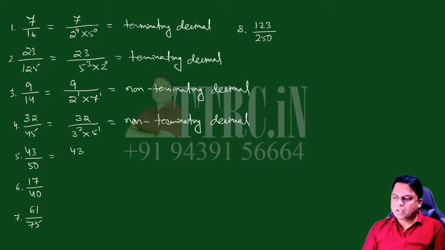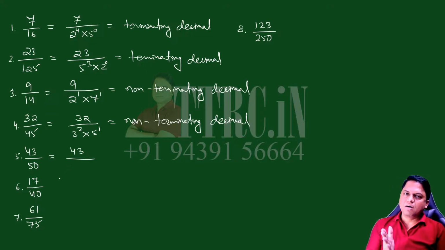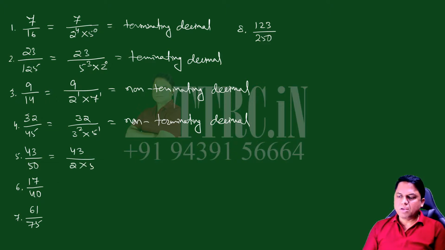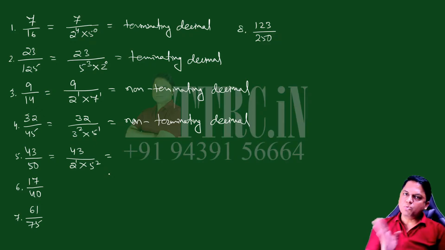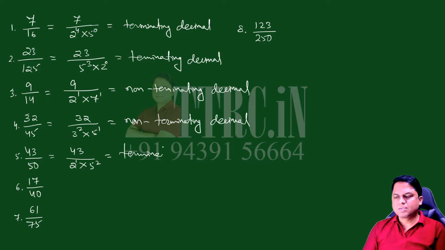Then 50. So 50 means 2 multiplied by 25, so it is 2 to the power 1 multiplied by 5 to the power 2. So definitely as the factors are only 2 and 5, it is a terminating decimal.